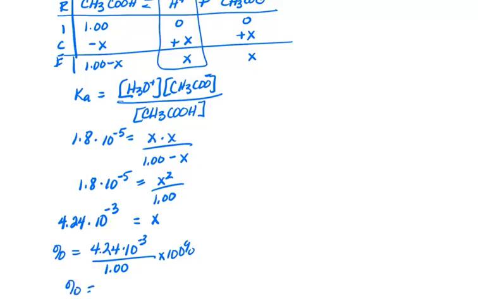Put that in and run your numbers. That should give you basically the same thing, but since we're doing it as percent, we move our decimal over 2, and so it's going to be 0.424% as a final answer. Okay?